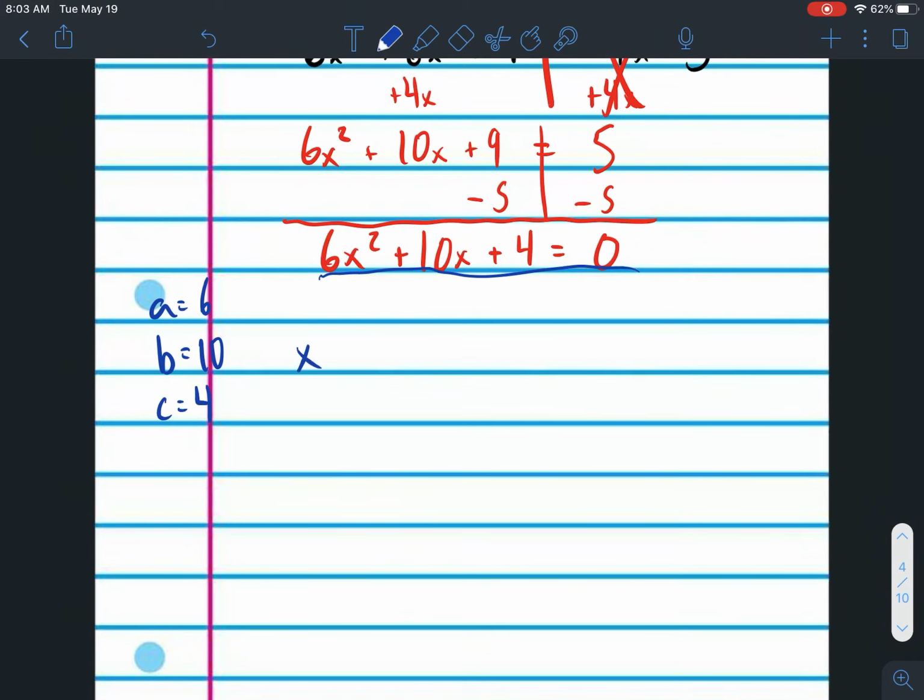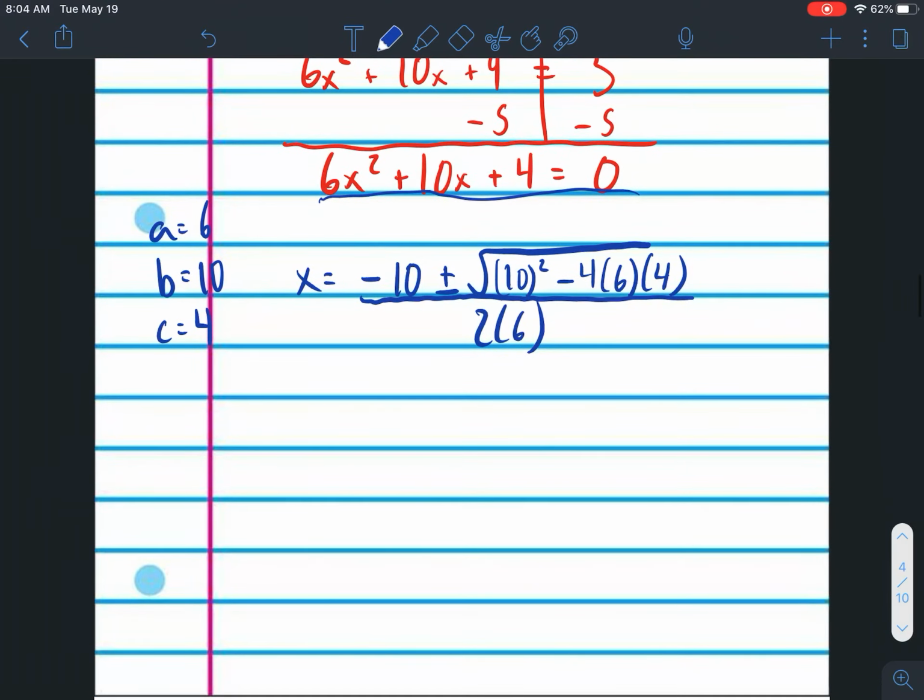So x equals negative 10, so negative b, plus or minus the square root of 10 squared minus 4 times 6 times 4. Yep, a is 6, c is 4, all over 2 times 6.